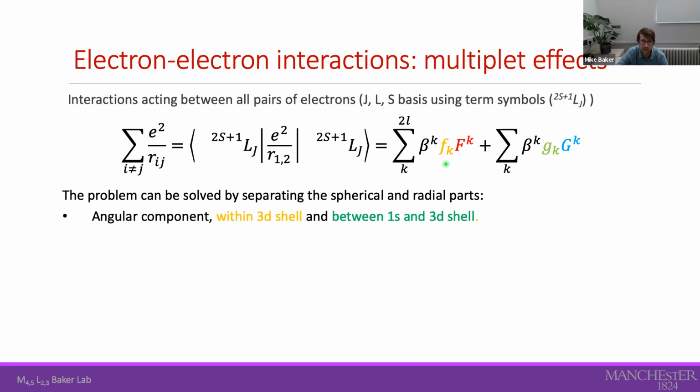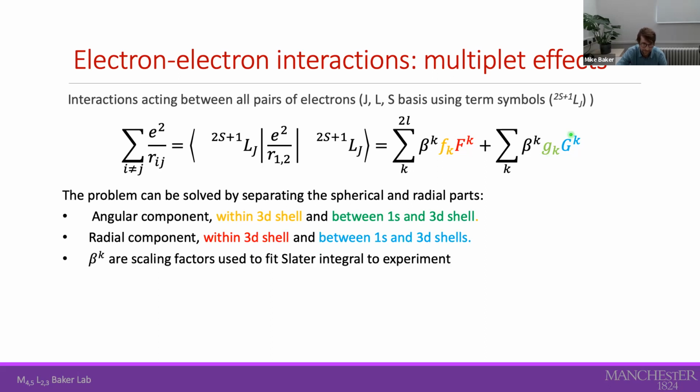Here what we have are angular parts to this model, Fk and Gk in lowercase, and the angular part has an analytical solution, given by what are known as the 3j and 6j symbols. And then the radial part is a number known as the Slater integral, which can be computed from ab initio theory, at least for a first approximation.